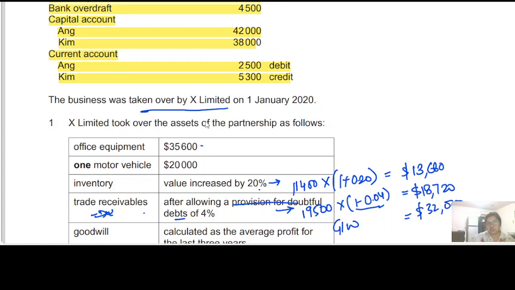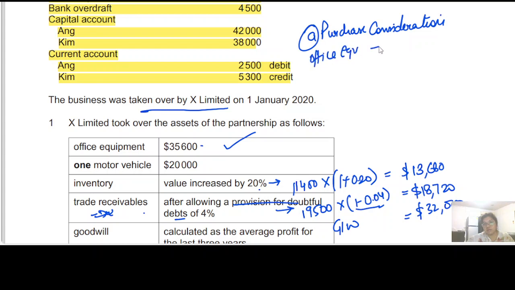For the purchase consideration, add the office equipment, that is 35,600. Then motor vehicle, that is 20,000. Then inventory, that is 13,680.